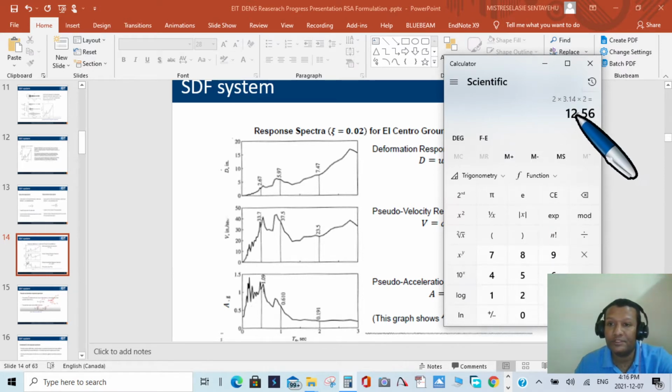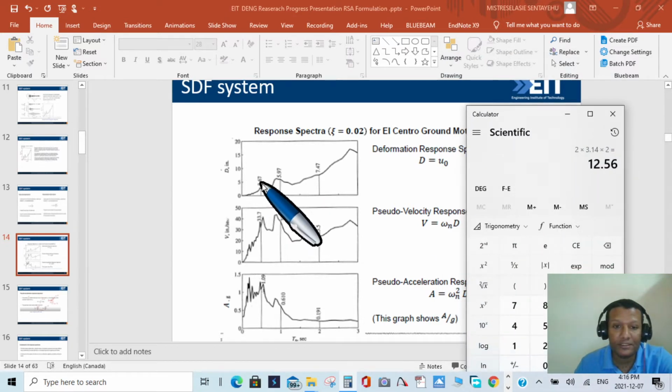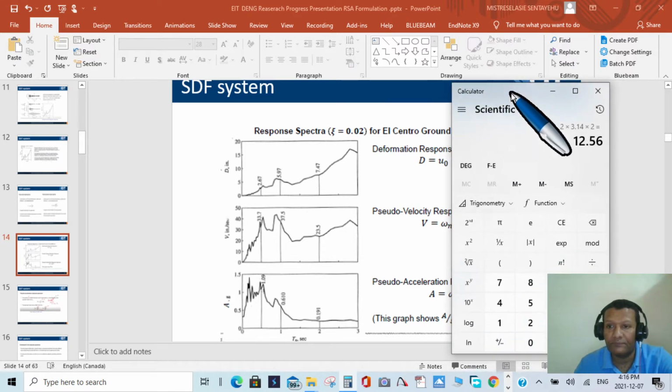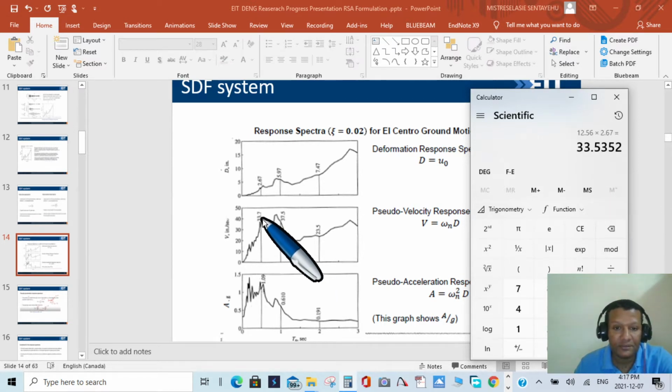This one, 2 pi over T, is 12.56. Okay, 12.56 times D, which is 2.67 here, so 33.53. This is approximately 33.7. So this is how we change.